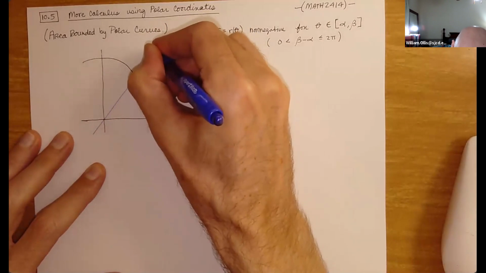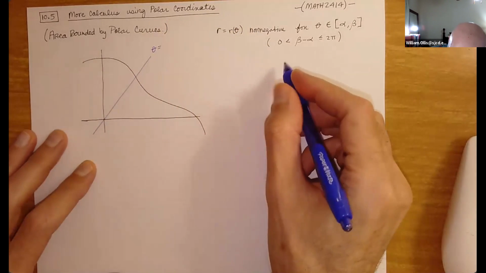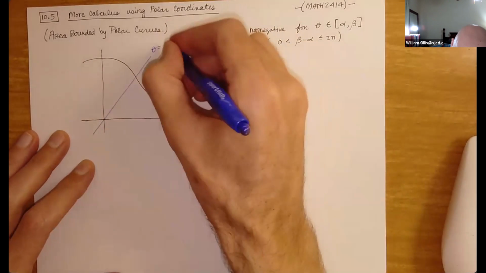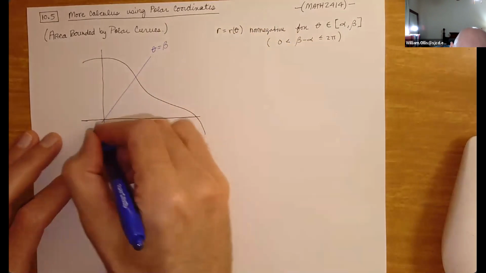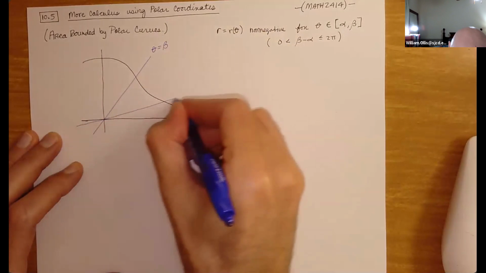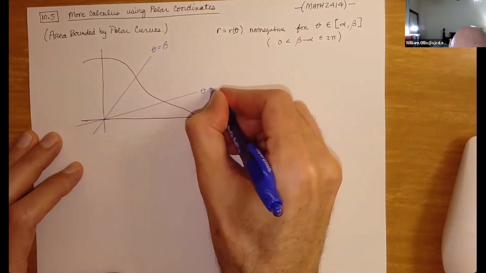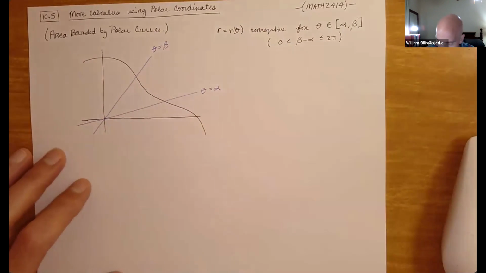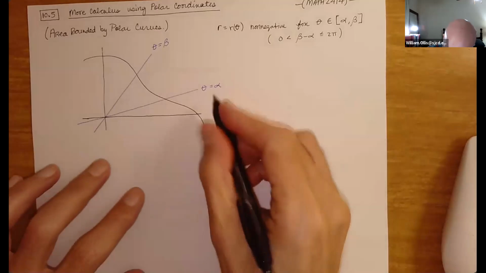We'll take this to be the upper theta equals beta, and say we have theta equals alpha. And so here's our polar curve.